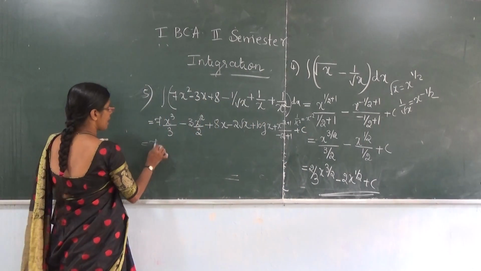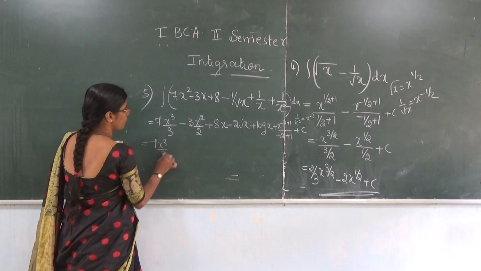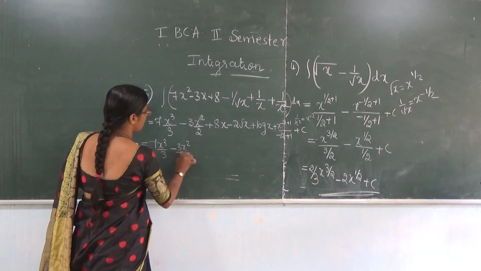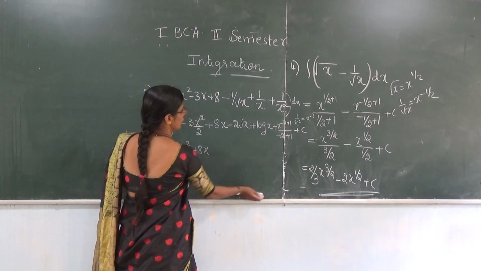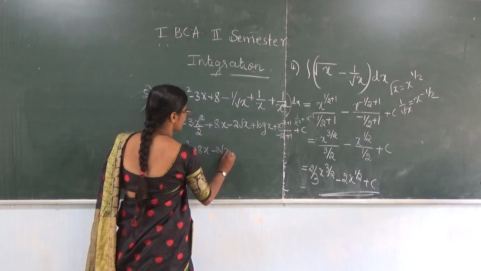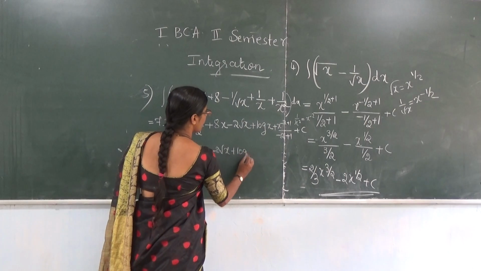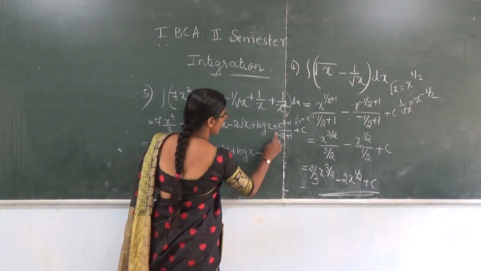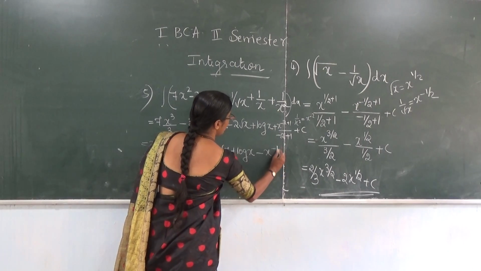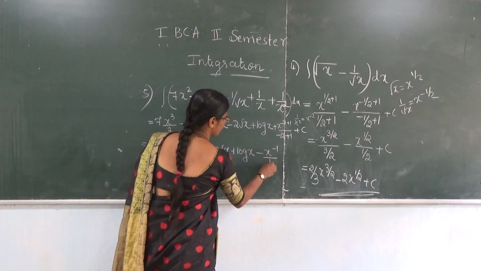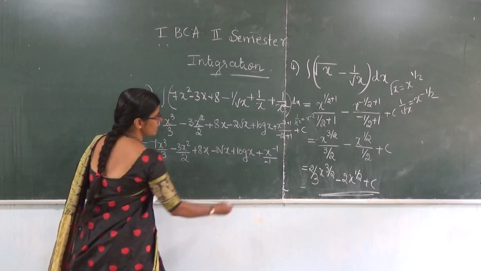So this is 7x cube by 3 minus 3x square by 2 plus 8x minus 2 root x plus log x plus x to the power minus 1 by minus 1, plus c.